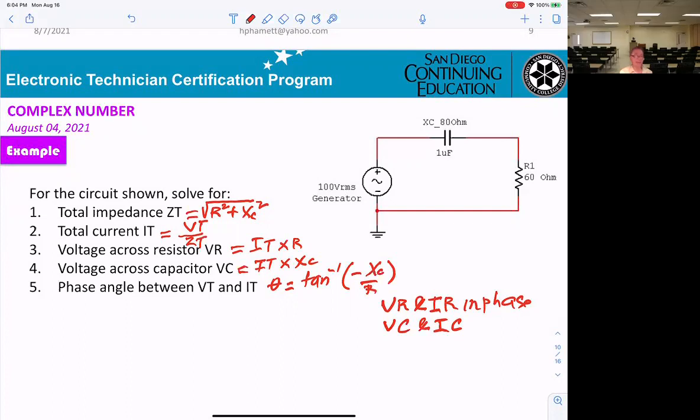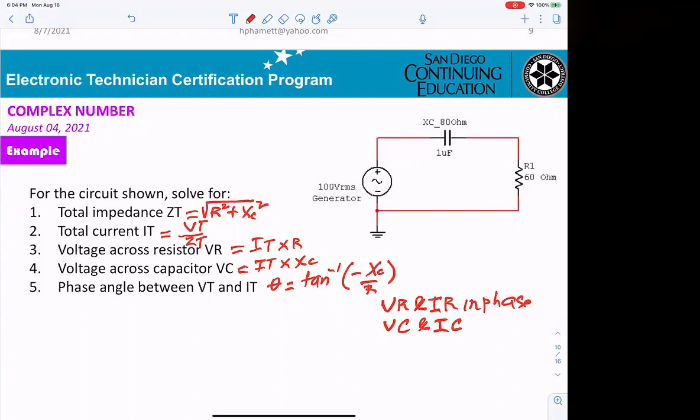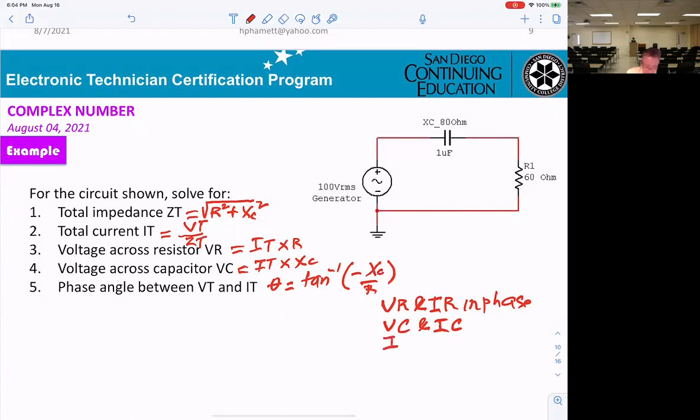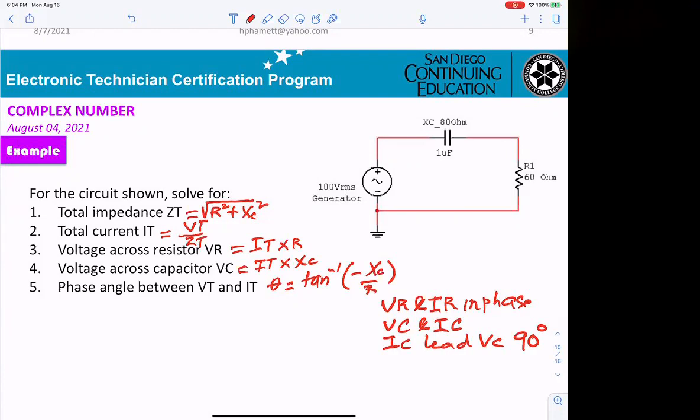I understand 90-degree difference. However, you have to get a little more detail. Current leads voltage. IC leads VC by 90 degrees. Correct? Yes.